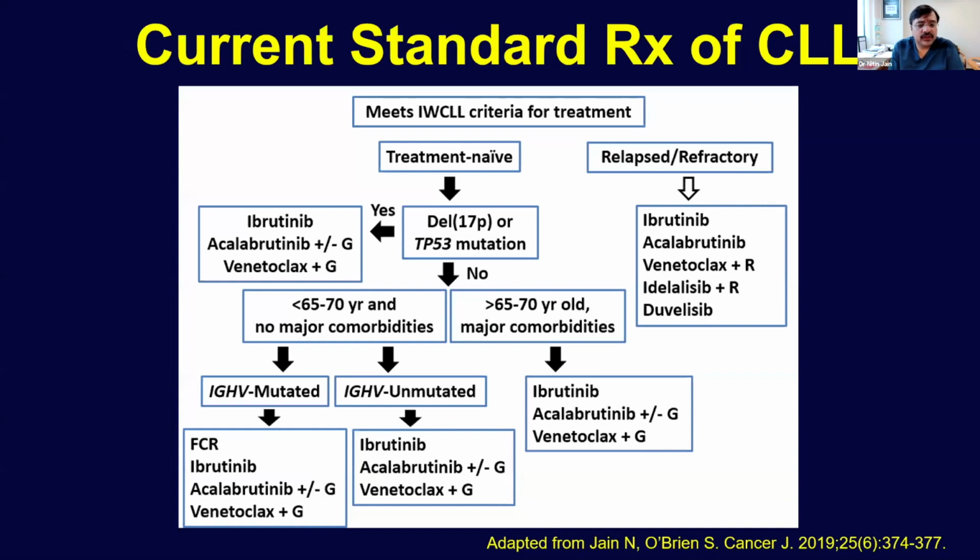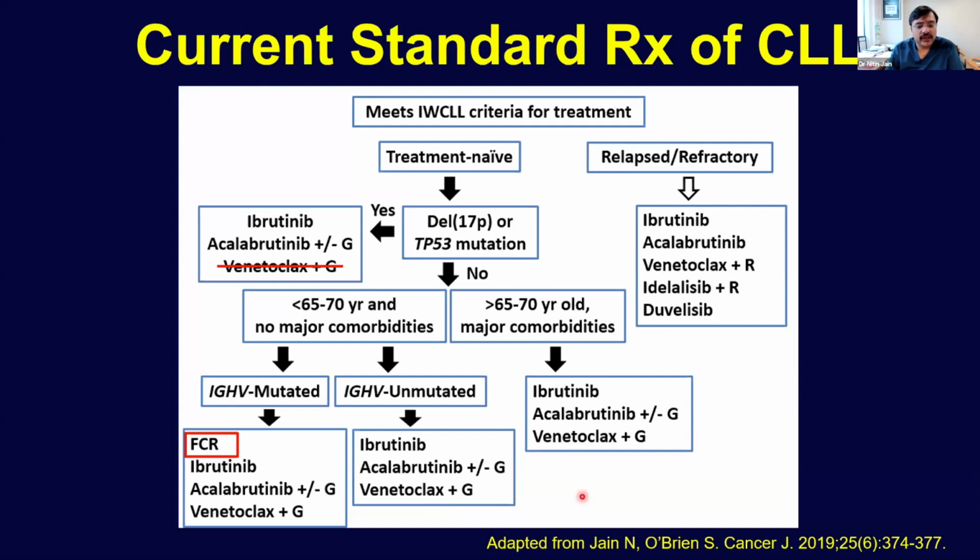And this shows the treatment paradigm for these patients. If you look at the treatment naive chart here, let's see if we can use my pointer, you can see that FCR therapy is really restricted to this young fit IGHV mutated group. For everyone else, the 3 approved strategies in the frontline setting include ibrutinib, acalabrutinib, and venetoclax in combination with obinutuzumab.